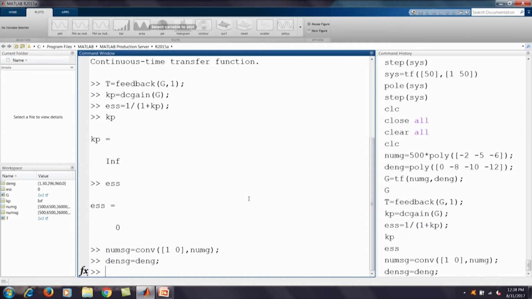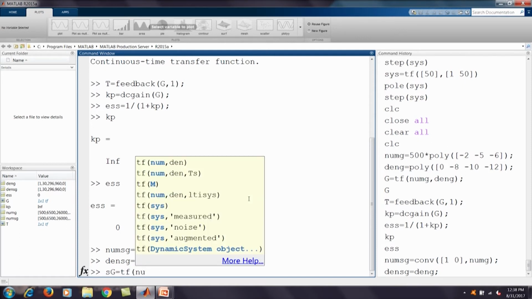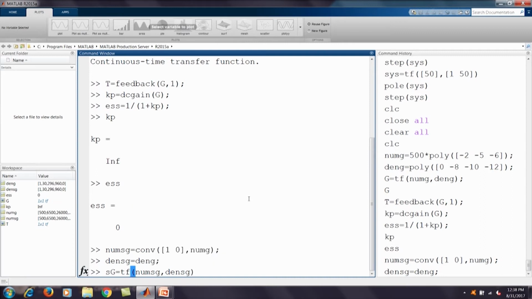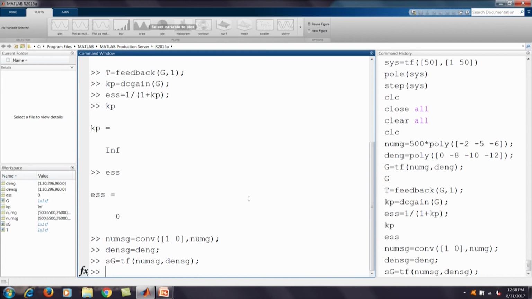Now we want sG equal to tf, transfer function, of numsG comma densG. So we have defined s into G.